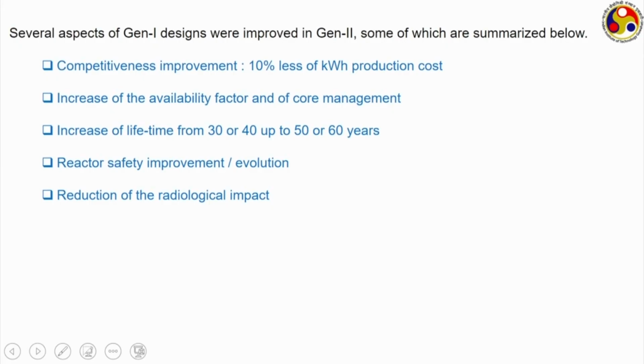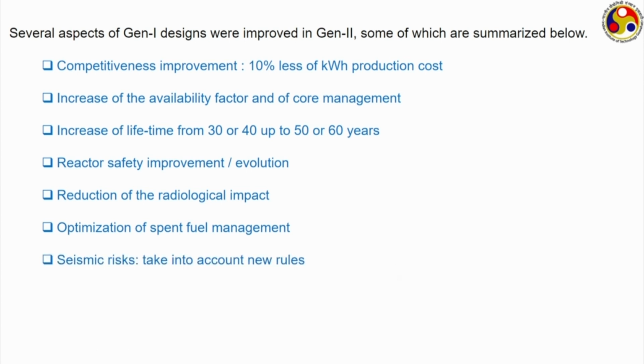As we move on with generations, the radiological impact kept on reducing, because we had much better containment protection systems and also better waste management systems. The spent fuel has been managed to give some kind of auxiliary power, and also we have better ways of managing the spent fuel now.